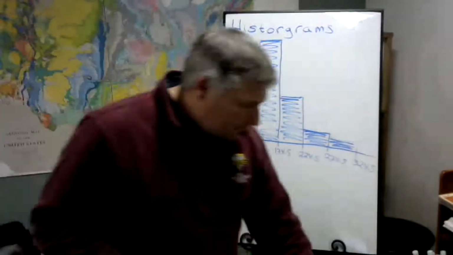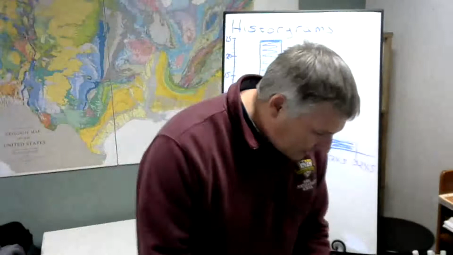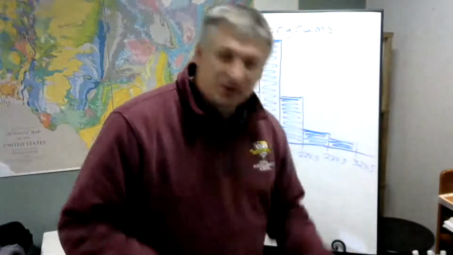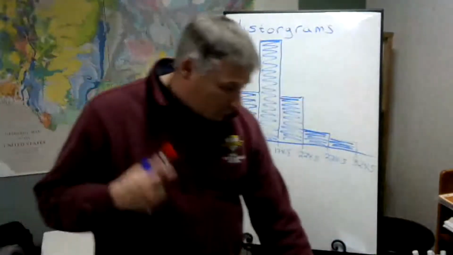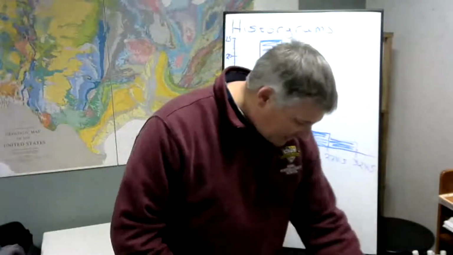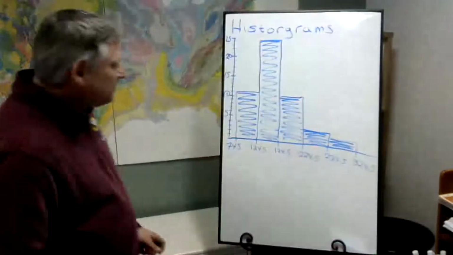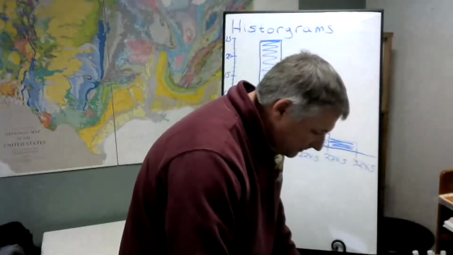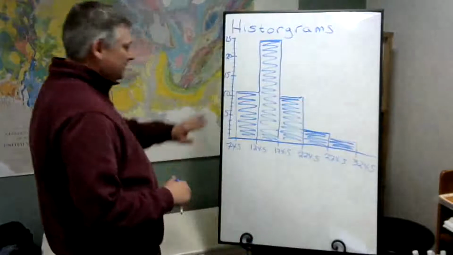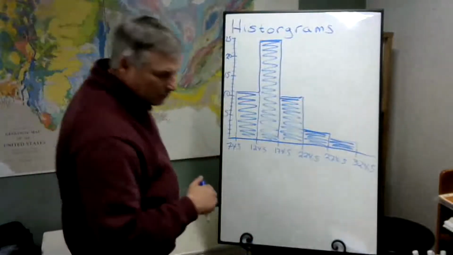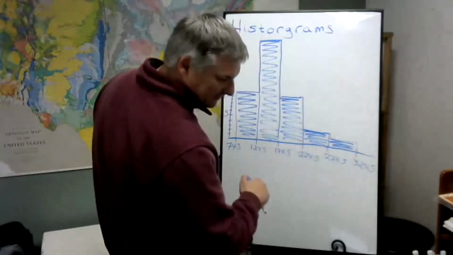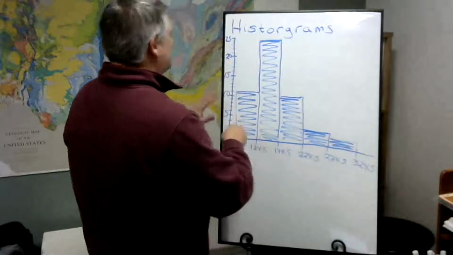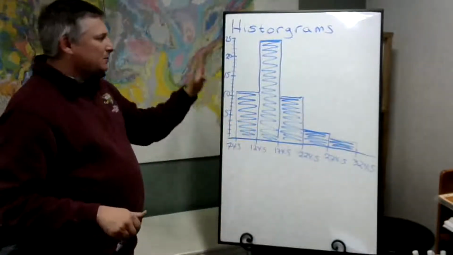Now, just like we have a frequency table, we have a relative frequency table, and we saw those relative frequencies. So we could do this relatively. We don't have to just use the actual frequencies. This would be a histogram using frequencies.